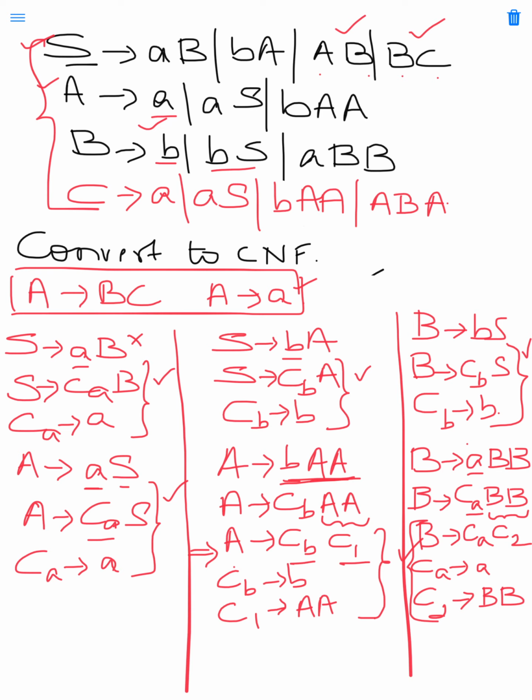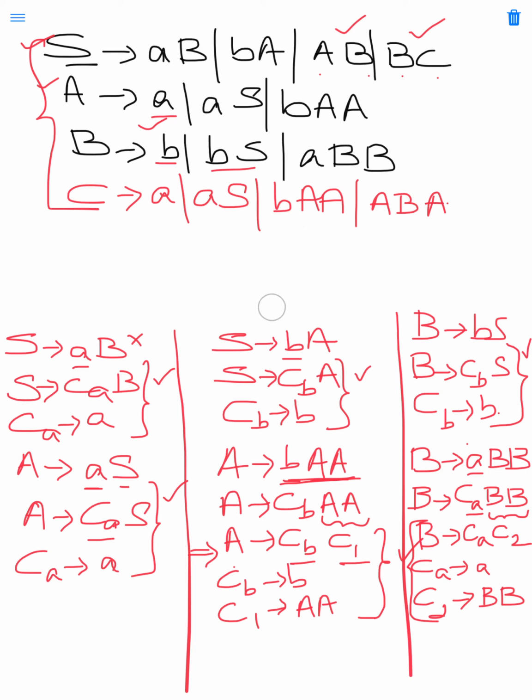Now B productions are also over. Now you have to do for C. C gives aS can be written as C gives CAS and CA gives a.